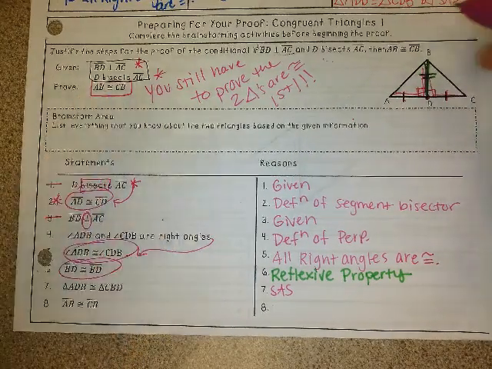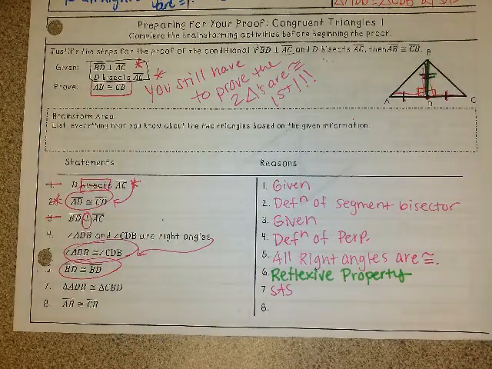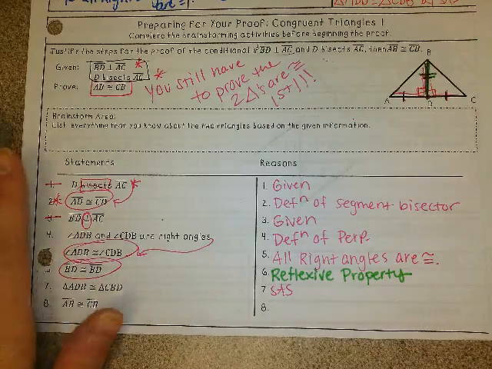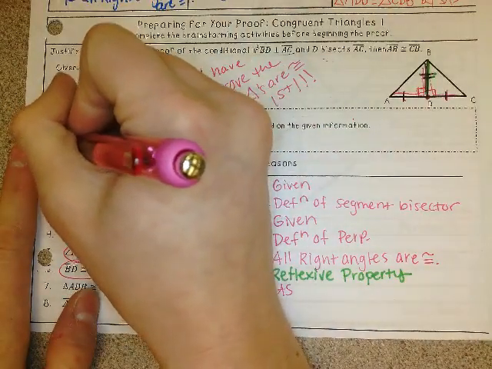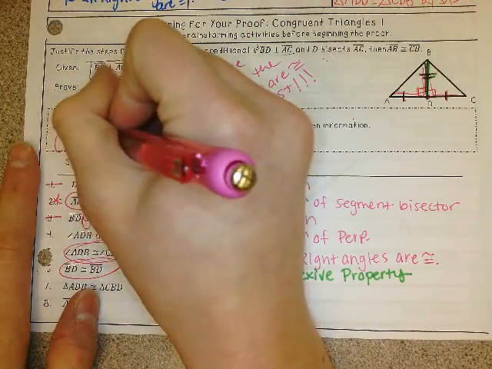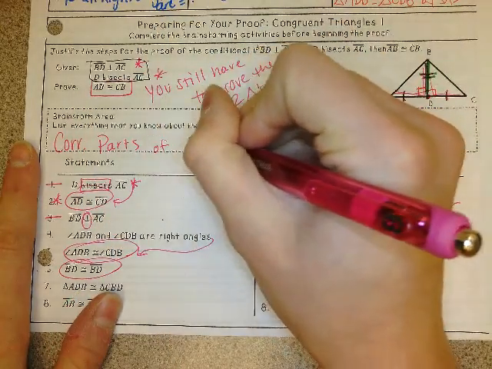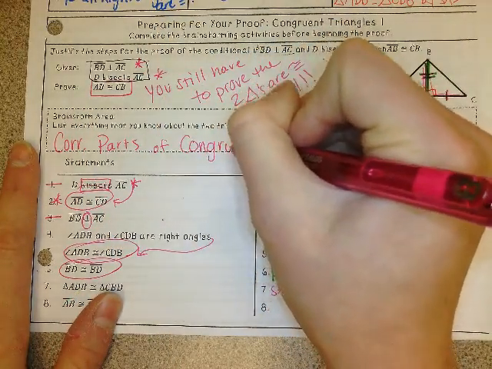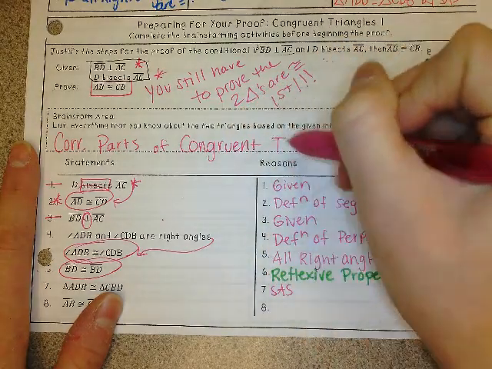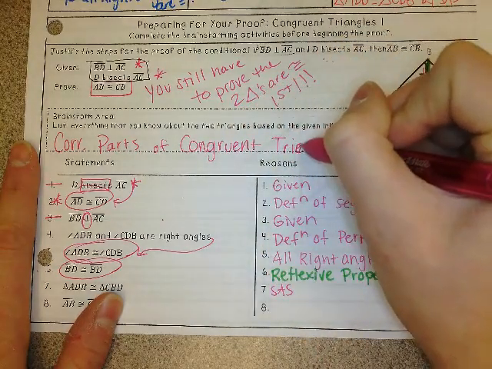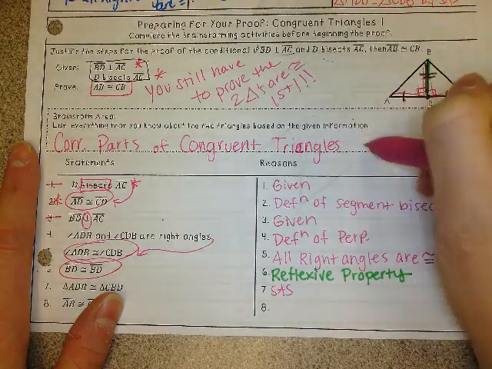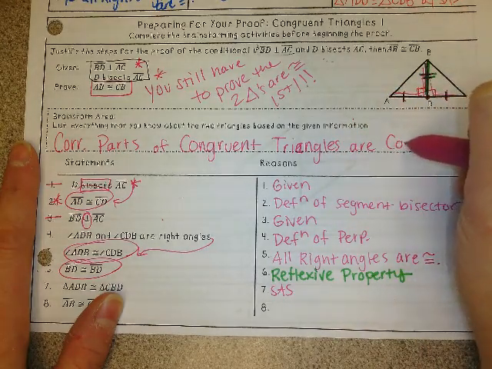This is where that weird thing CPCTC came in from yesterday. If you didn't watch yesterday's stuff, you need to go do that. Remember, CPCTC stands for corresponding parts of congruent triangles are congruent.